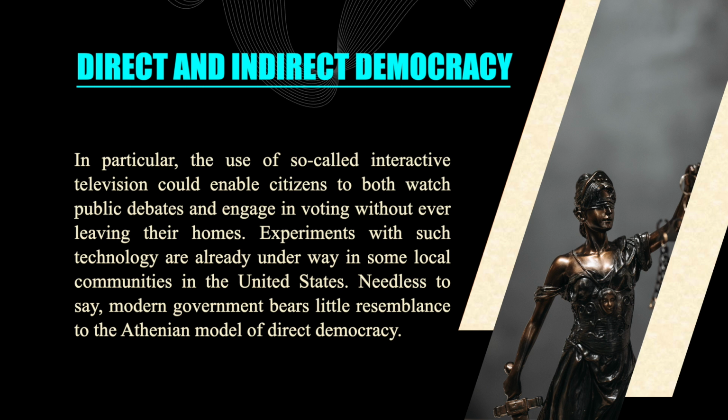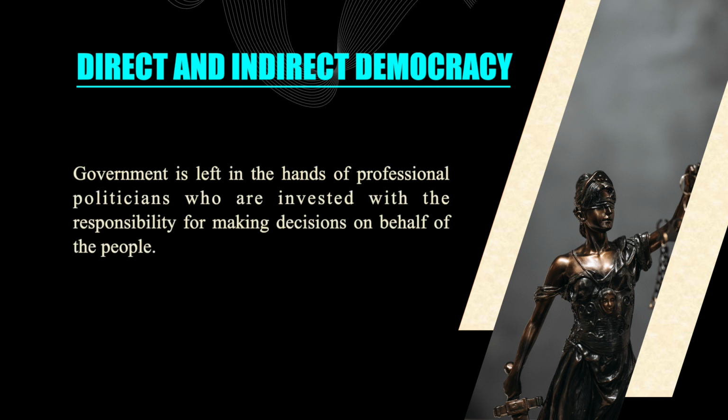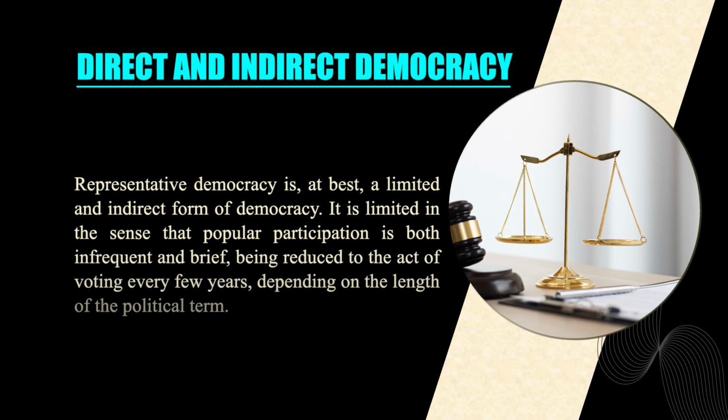Needless to say, modern government bears little resemblance to the Athenian model of direct democracy. Government is left in the hands of professional politicians who are invested with the responsibility for making decisions on behalf of the people. Representative democracy is at best a limited and indirect form of democracy.